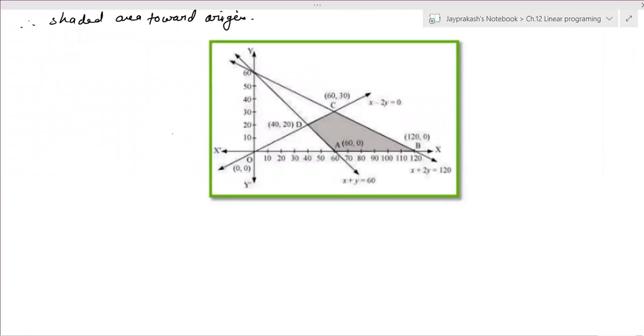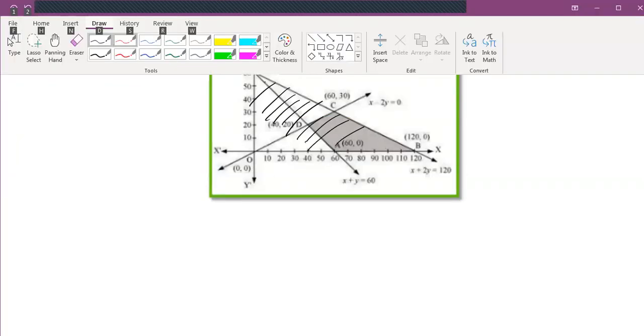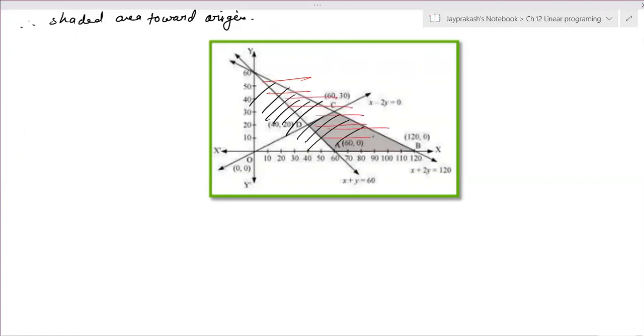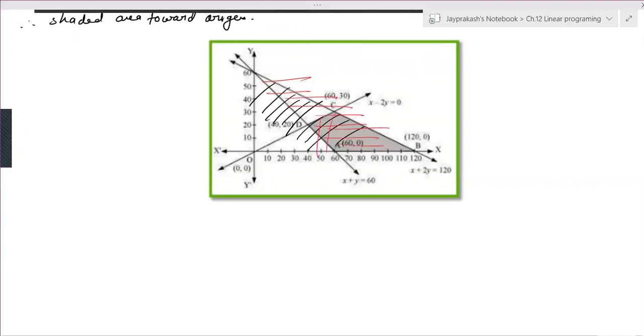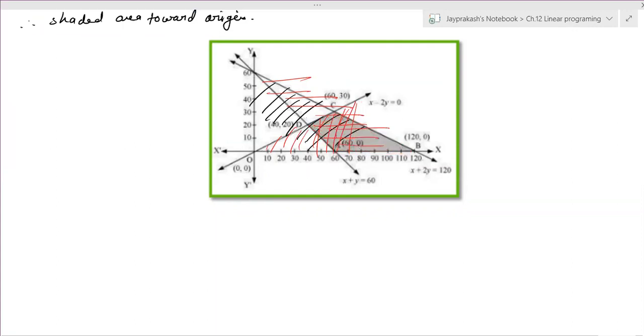So when we are combining these first two equations, they are toward the origin and one is away from the origin. So here toward origin and from this line away from the origin, and from here toward the origin means toward the axis. So final intersection area will be this one. So in this quadrilateral, you have to find the corner points. So it has 4 corner points.